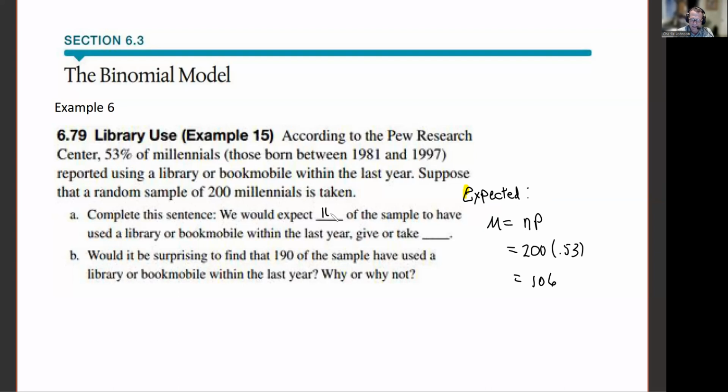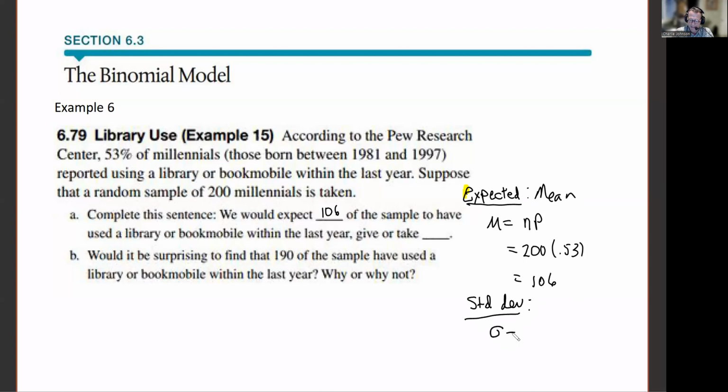So we would expect 106 of the sample to have used a library or book mobile within the last year. Now, give or take, we would expect this, but it wouldn't be surprising if we had a little bit of variance, and that's given by the standard deviation, where this was the mean.